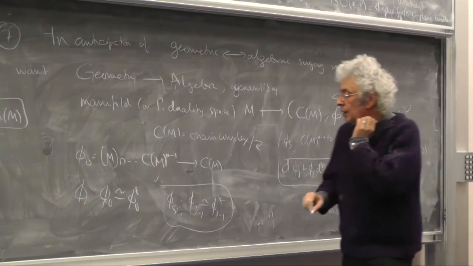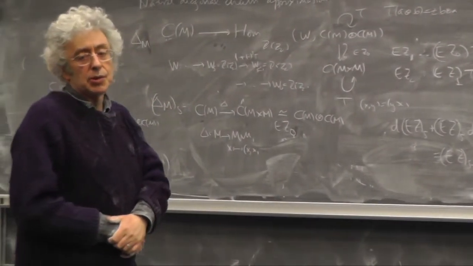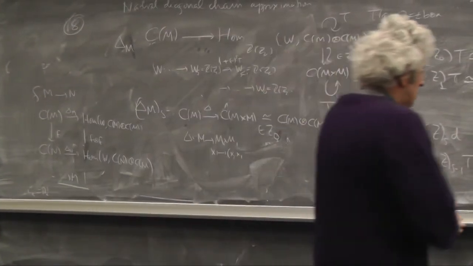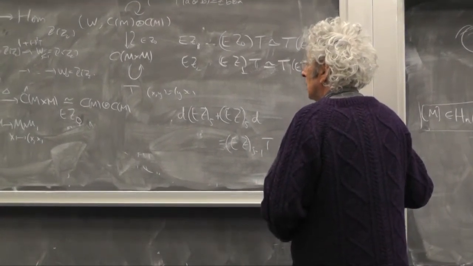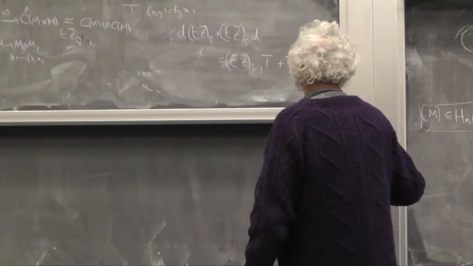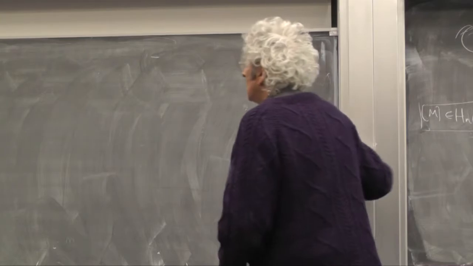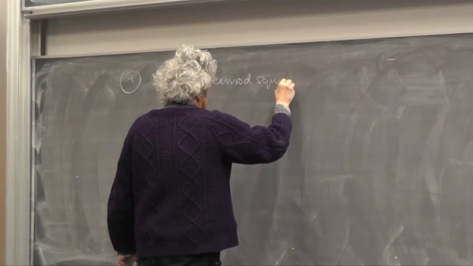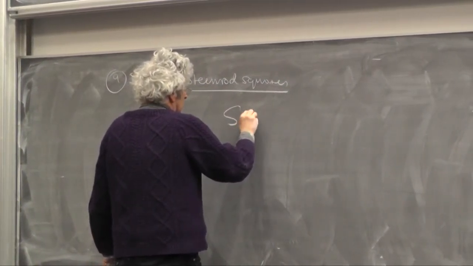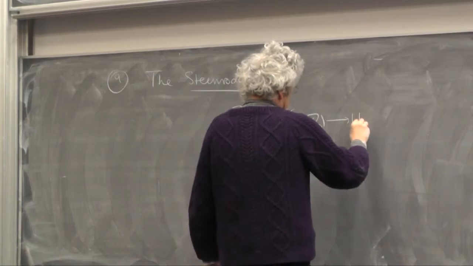And I should perhaps explain the name of the key properties of these higher phis. They are the Steenrod squares. So every space, that's where Steenrod comes in, or came in, with the specific Z2 coefficients.